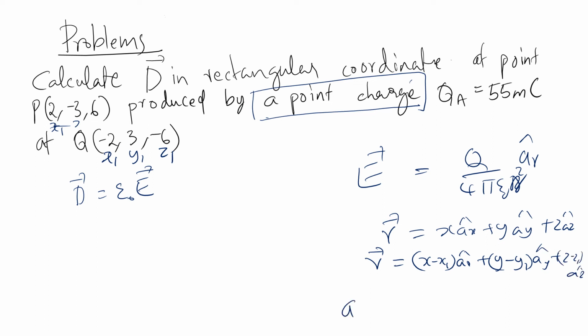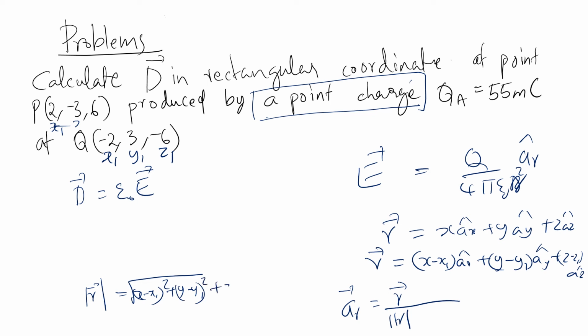So ar cap is vector r divided by mod r. So we have to calculate mod r also. So mod r is nothing but square root of (x minus x1) square plus (y minus y1) square plus (z minus z1) square, right?